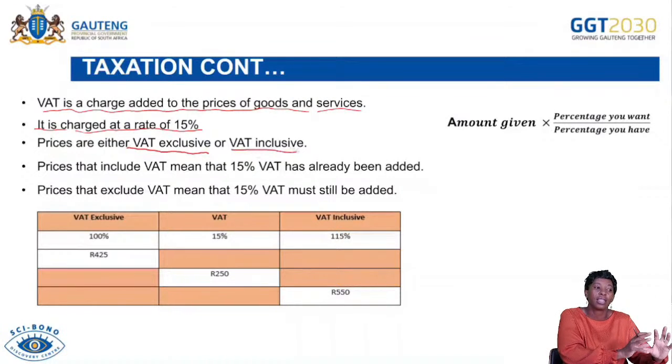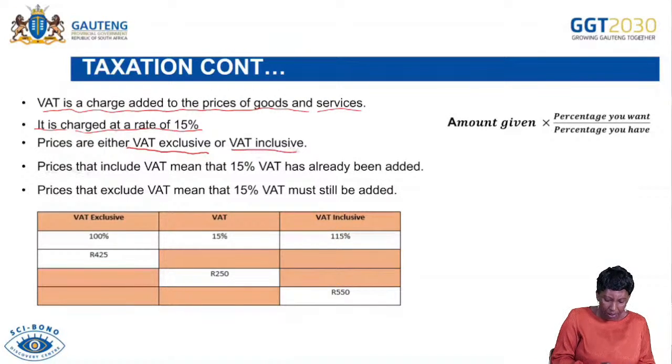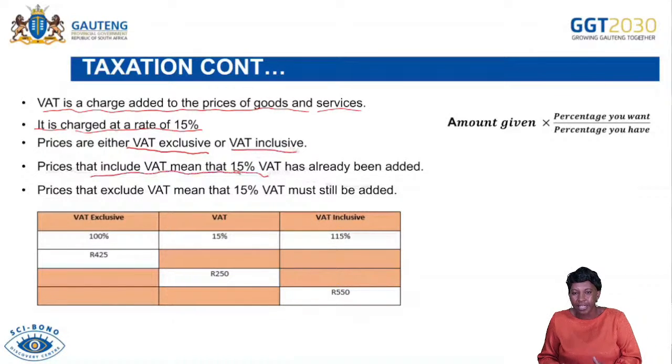If they tell you that this is a VAT exclusive price or amount, then you still have to add the 15%. And then we say again, a price that includes VAT means that 15% VAT has already been added.